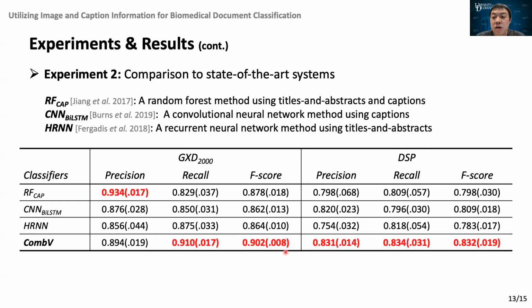Notably, recall is often viewed as more important for document classification. Over the DSP dataset, our classifier attained the highest performance on all measures. These results demonstrate the effectiveness of our proposed document classification scheme.